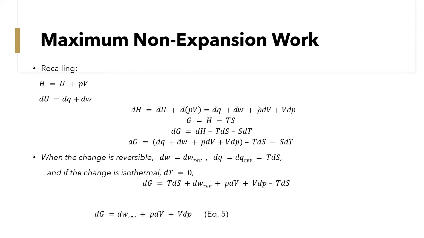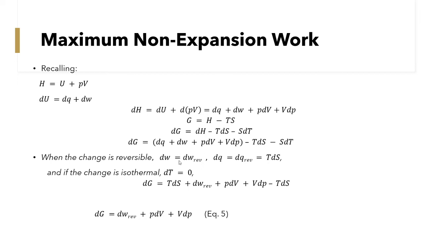Now let's combine this and this, so you have dG equals all this stretch of equation. This isn't complicated, trust me. You just have to sit down and rewrite this equation without looking at the slides. Try to work this out, and this is just deriving, putting things together. It's very simple.